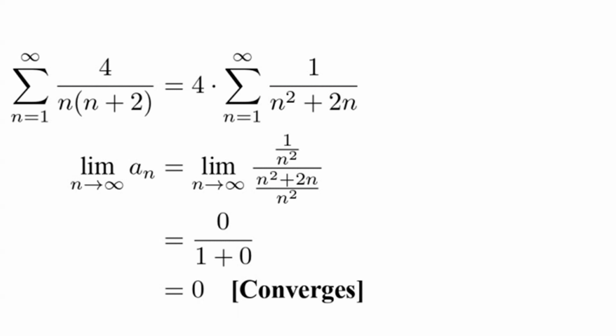And then the rest is you need to solve it. So the limit as n approaches infinity of a_n is equal to the limit as n approaches infinity of 1 over n squared divided by n squared plus 2n over n squared.